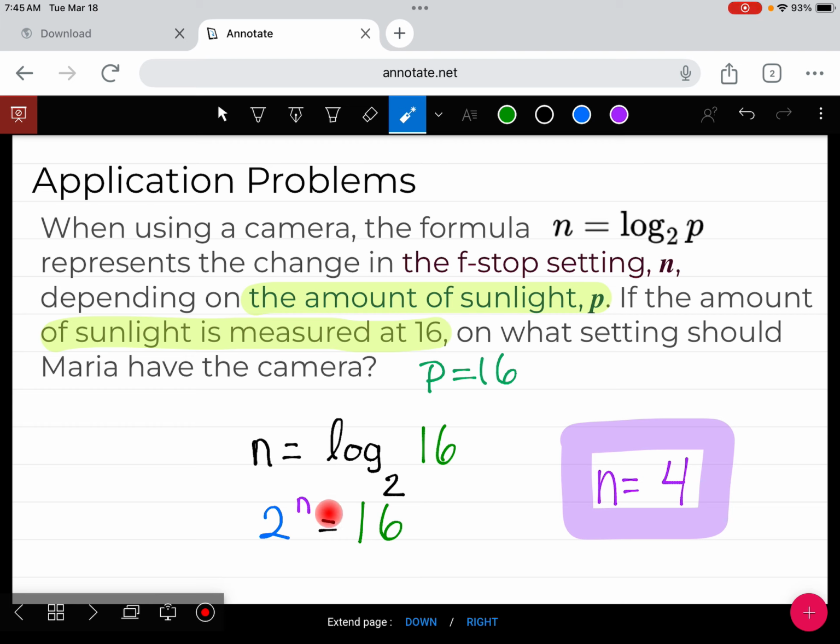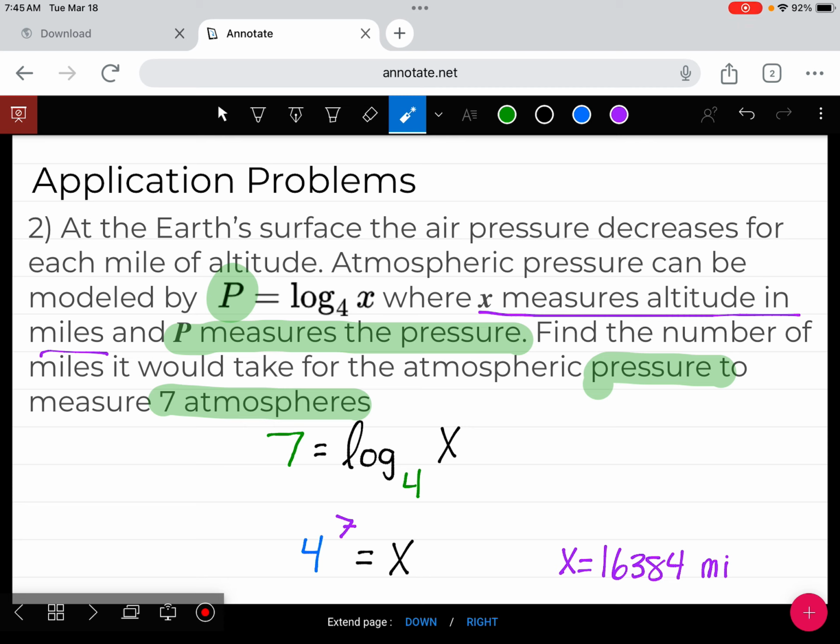We will get to the point where we can type these all into a calculator and we're going to get super gross decimals. We're just starting with things that we can see so that we know what voodoo is happening in the calculator. Because sometimes it does feel like the calculator's doing some magic. But we're not going to let it be magic. We're going to figure out the pieces. Okay? So we'll have more application problems a little bit later once we know how to do stuff that's a little bit more decimally.